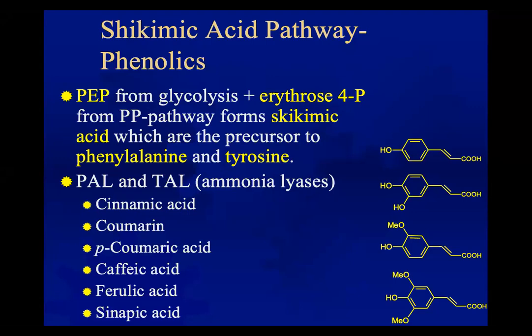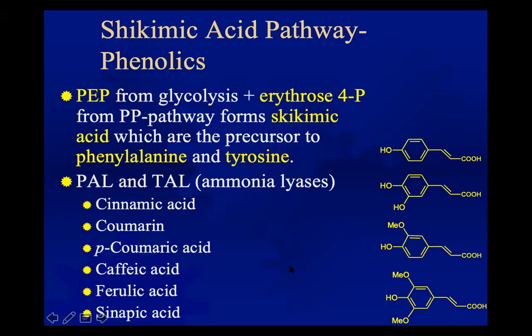Phenolics are biosynthesized from the shikimic acid pathway. Now let us know how shikimic acid is produced. Phosphoenol pyruvate is produced from the glycolysis process in the metabolic pathway, and a pentose phosphate pathway generates erythrose 4-phosphate.